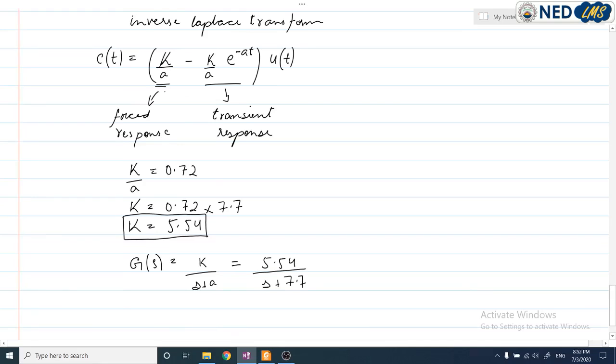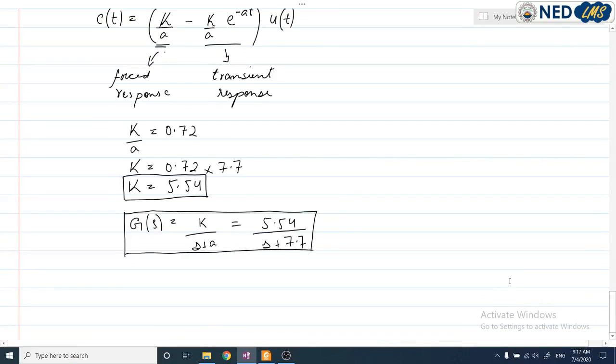So in this way we have found the transfer function of an unknown system with the help of the time response specification.